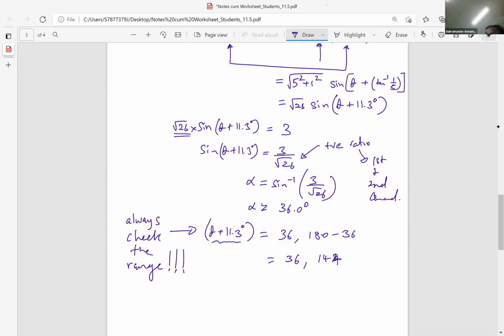Okay, so theta plus 11.3, so theta is equal to 36 minus 11.3. Okay, guys, that's it, done.